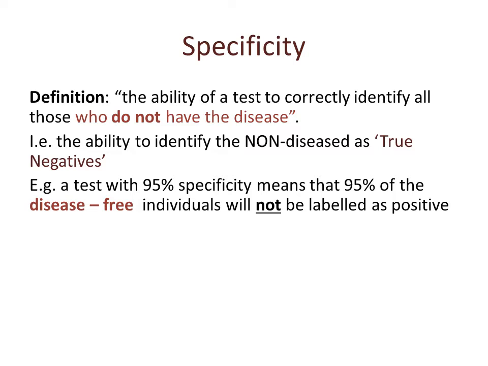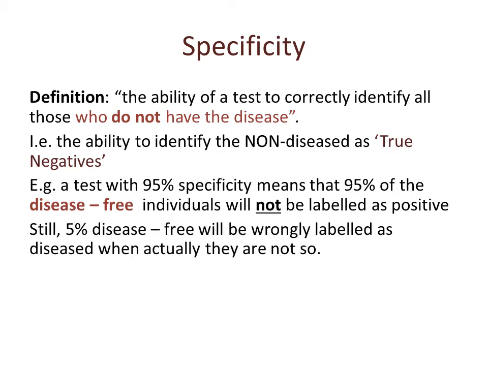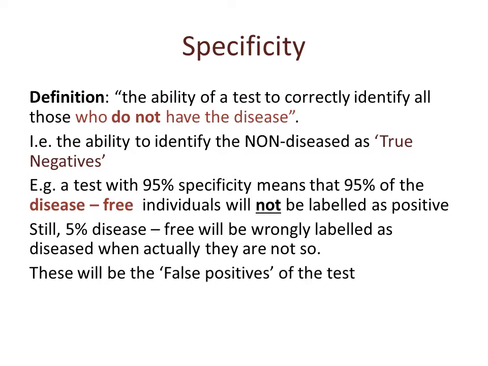A test with 95% specificity would mean that 95% of the disease-free individuals will not be labeled as positive. Yet, 5% of the disease-free will wrongly be labeled as positives when actually they are not diseased. And these will be called false positives.